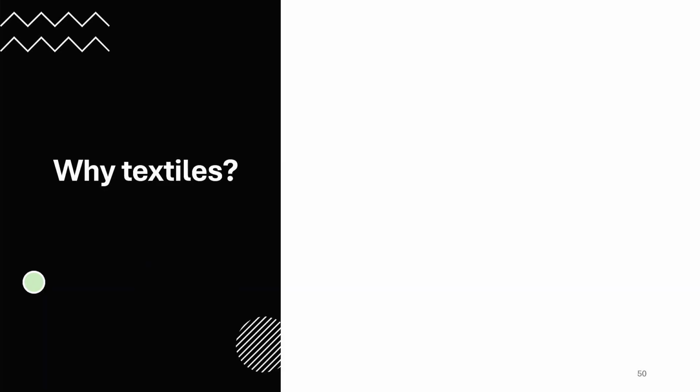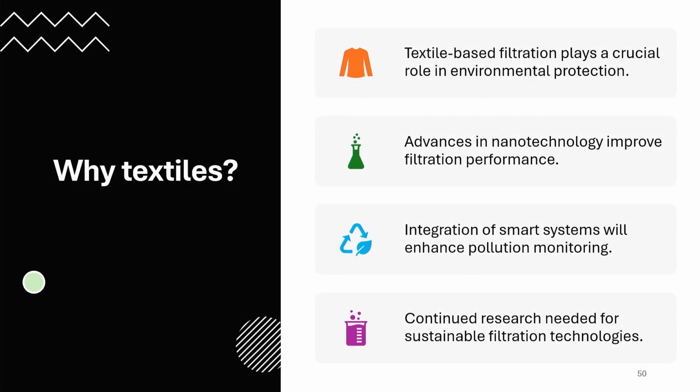So, why should we use textile for filtration? Textile based filtration plays a crucial role in environmental protection, for both air and water. Advanced nanotechnology improves the filtration performance. Nanofiber has been developed, and we can use nanofiber as filter medium, or incorporate nanoparticles within the textile material to enhance the filtration performance.